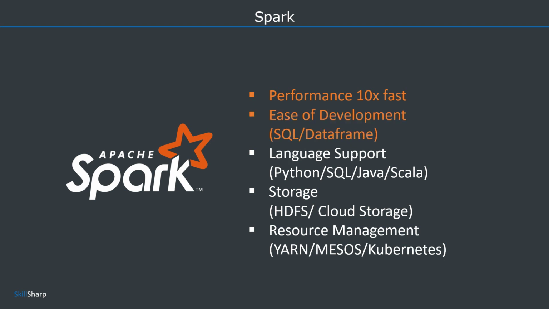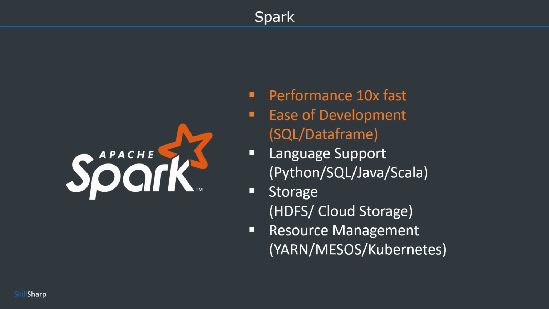Then ease of development, because Spark provides us a SQL-like query engine and data frames. In the best case scenario, you are going to code like SQL, as if you are working with a database. And in the worst case scenario, you are working with data frames or RDDs, which are nothing but your language native objects like Python or Java collections.